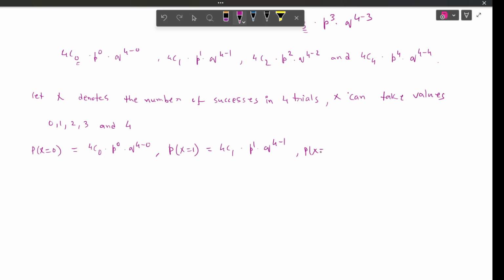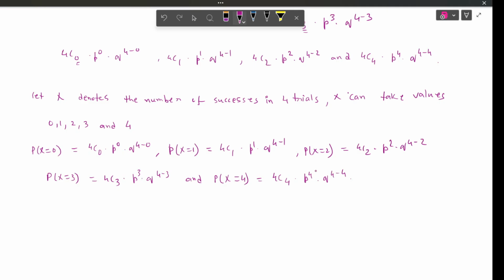In this manner, P of X equals 2 successes, 4C2 p to the power 2 q to the power 4 minus 2, and P of X equals 3, that is 4C3 p to the power 3 q to the power 4 minus 3, and P of X equals 4, that is 4C4 p to the power 4 and q to the power 4 minus 4.